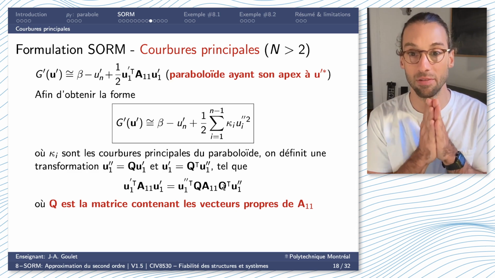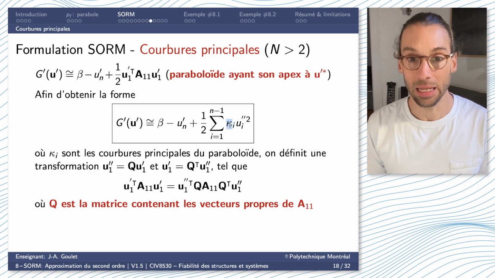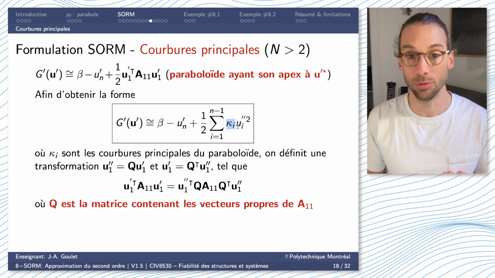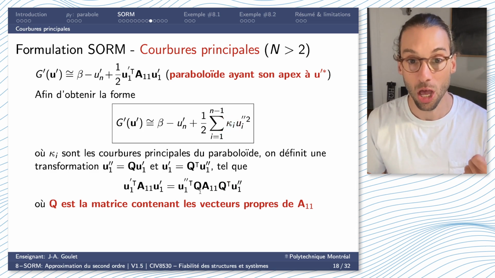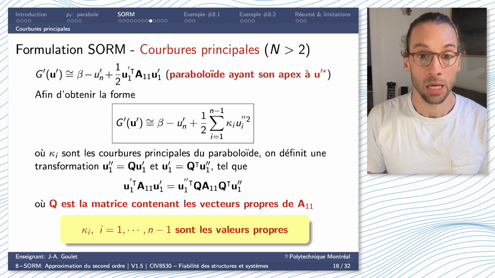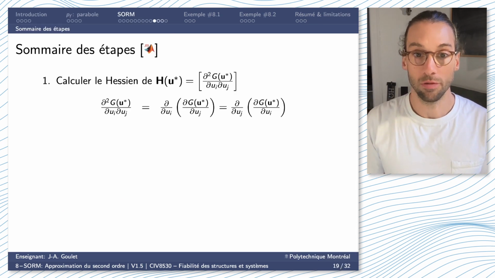So in Q I'm going to have the eigenvectors, and my kappa i, my principal curvatures, are simply going to be the eigenvalues. So Q are the eigenvectors, kappa i are the eigenvalues of my A11 matrix.